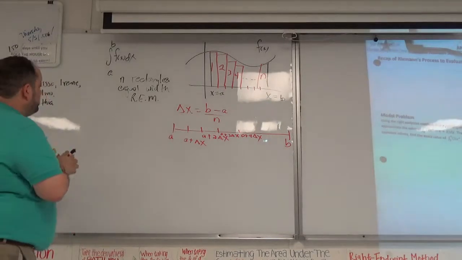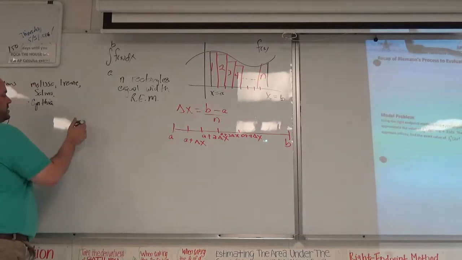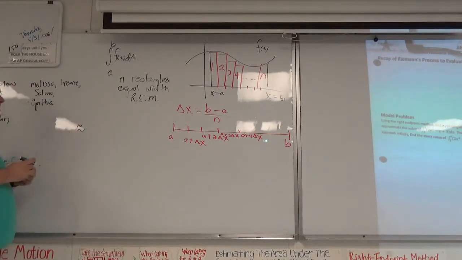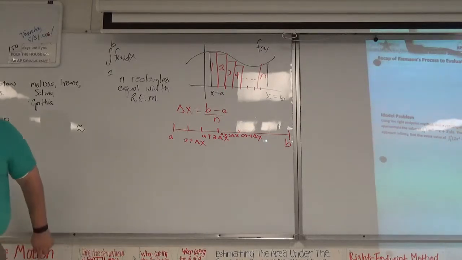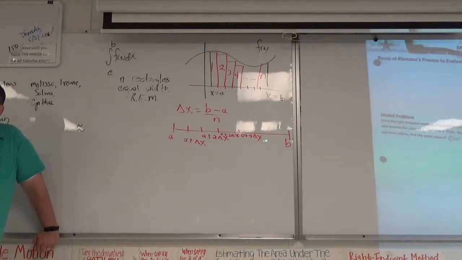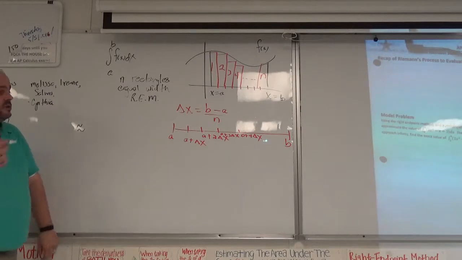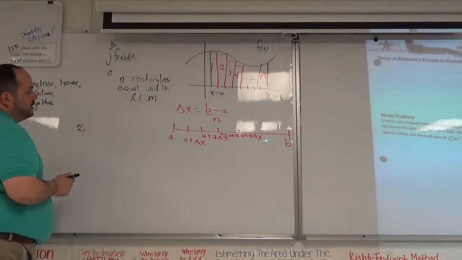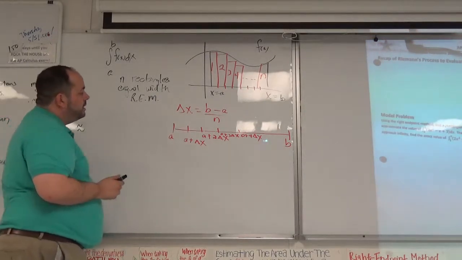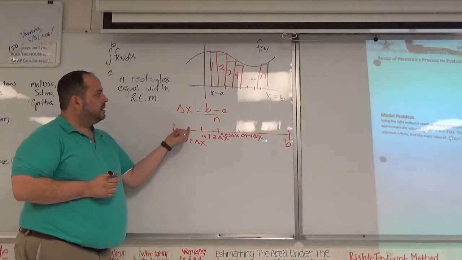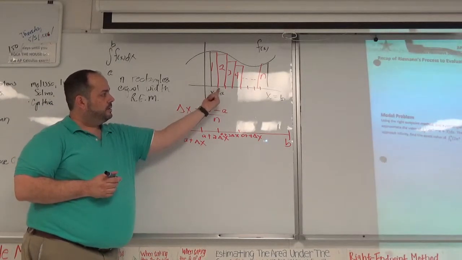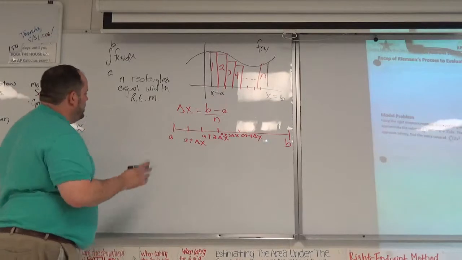So somebody tell me, if I was going to do this approximation, what's the area for the first rectangle? Not underestimate or overestimate. How would you figure it out? Miguel, how would you do the first rectangle? f of a plus delta x times a plus delta x.